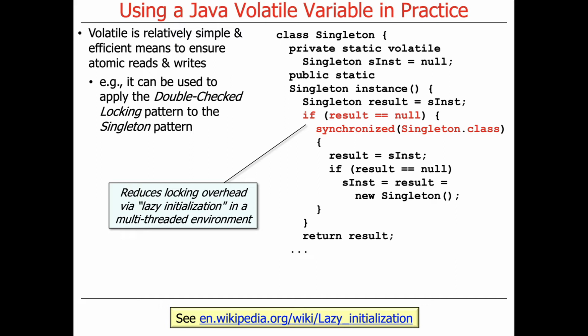But if two threads, or n threads by generalization, come careening through at the same time, you could end up with n singleton instances being created. So how do we solve this problem? We use the double-checked locking optimization pattern in conjunction with lazy initialization, and we're going to use volatile to make this work.